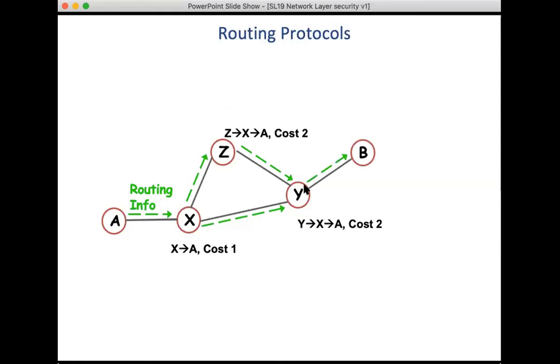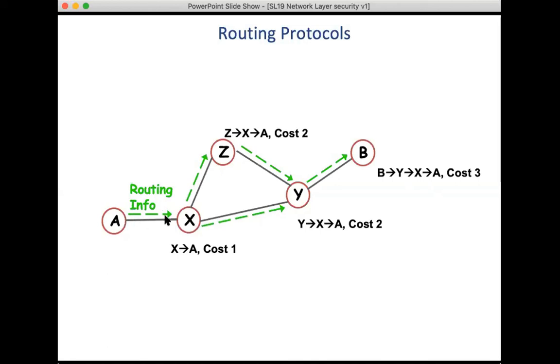In the final step, B will find out the cost from A is 2 plus 1, which is 3. So B will find the cost to A is 3, Z will find the cost to A is 2, Y will find the cost to A is 2, and X will find the cost from A is 1.